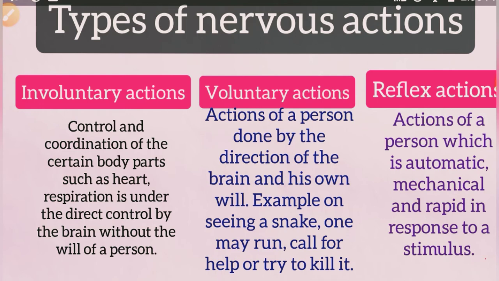You touch it by accident, and without being aware, you realize that your hand has already removed itself from that hot object. This kind of action is called reflex action. So a reflex action is an action of a person which is automatic, mechanical, and very rapid in response to a stimulus.